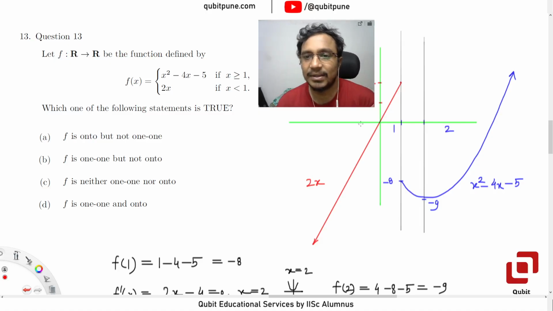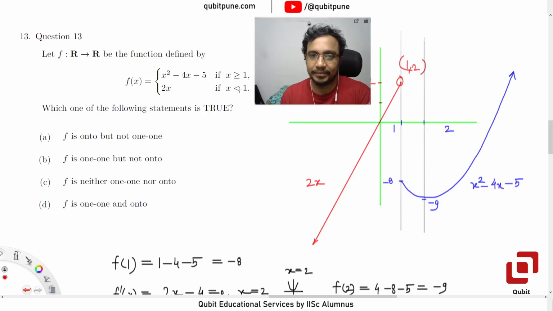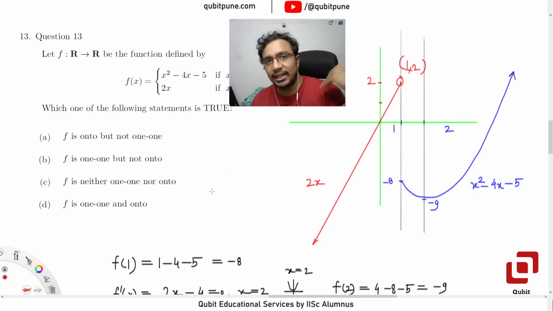It will be a straight line passing through origin, but it will be actually a ray. Okay, it will be directed downward like this, and here it is 1, 2, but this is not on the line because it is a strict inequality, right? तो आपका अभी जो रेंज है वो हो चुका है -∞ to 2 open interval, and it is 1, 1 at least in this branch.